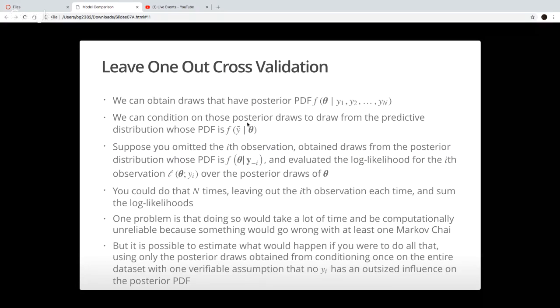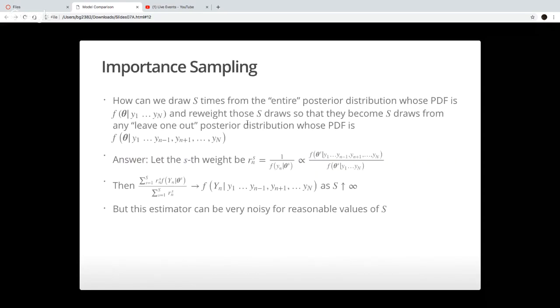And so what Aki and some of his co-authors have been able to do is to come up with a procedure that allows you to estimate that thing without incurring the same computational and time cost, using what's known as importance sampling, or Pareto smoothed importance sampling.